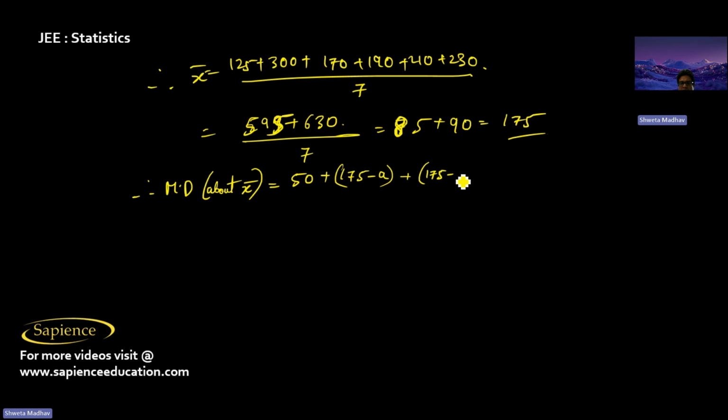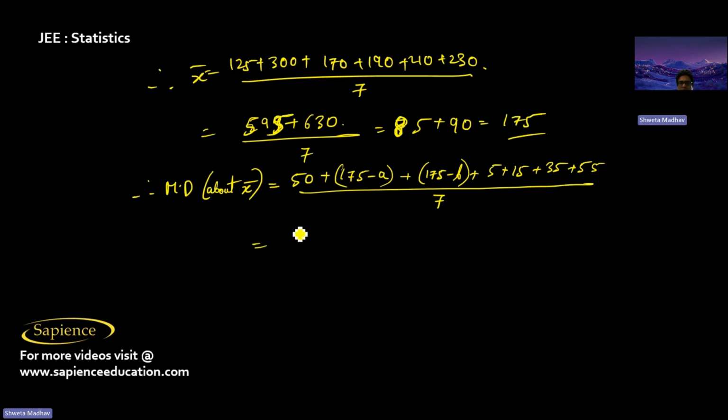So this will be 175 minus B plus 170 minus 175, mod of that. So that is 5, plus 190 minus 175, that is 15, plus 210 minus 175, that is 35, plus 230 minus 175, that is 55. Then that divided by 7.